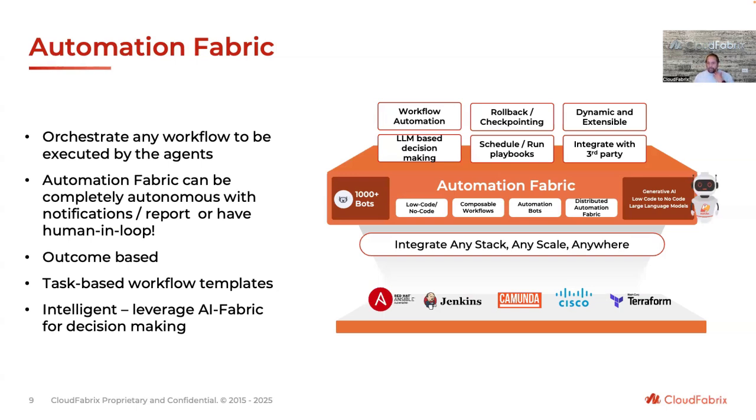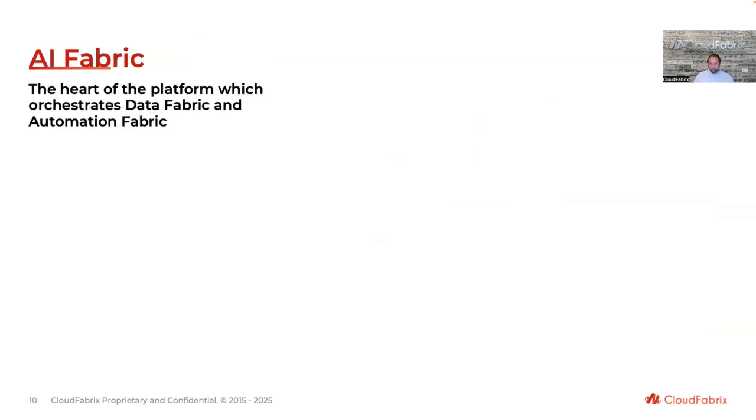It's very dynamic. It also uses LLMs for decision making. And we have our own workflow engine, but we also work with other third-party engines, whether it be Cisco BPA, business process automation, or Red Hat Ansible, Jenkins, Terraform, and so on and so forth. And the AI fabric is really at the heart of the Fabrix.ai agentic AI framework.